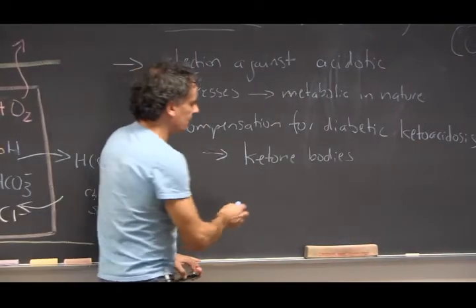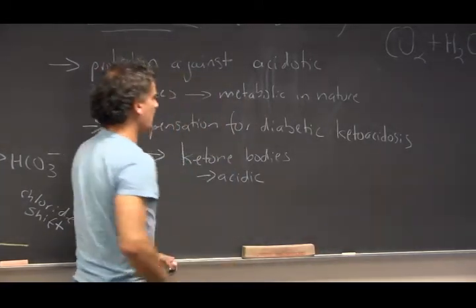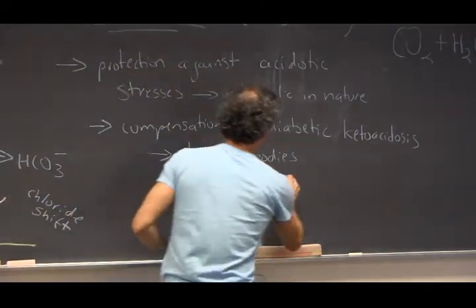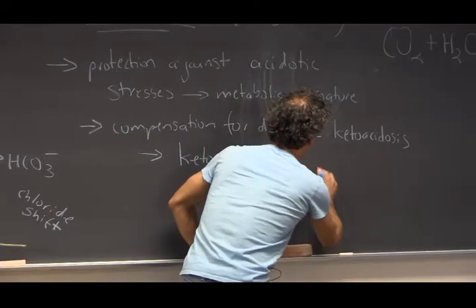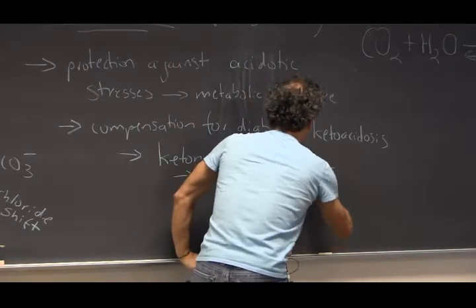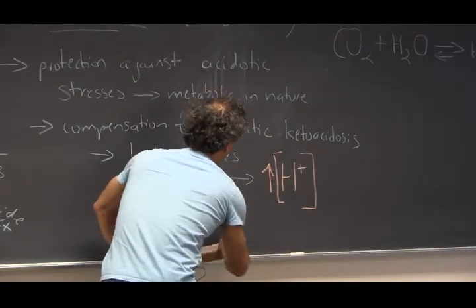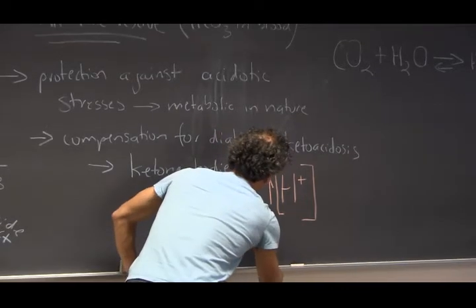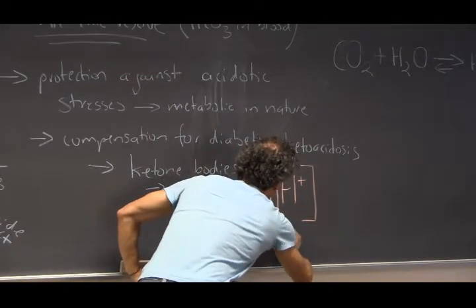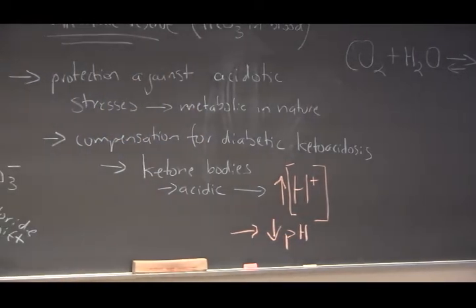The ketone bodies are acidic and dissociate in solution, producing increased levels of hydrogen ions, which lowers the pH and can severely affect cell function.